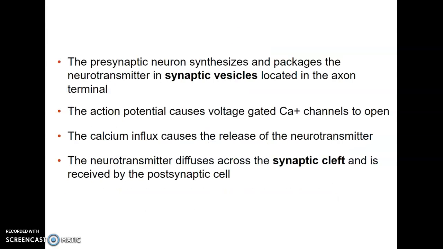So the presynaptic neuron is going to have a biosynthetic enzyme that synthesizes the neurotransmitter, and then another enzyme that is going to transport the neurotransmitter into a synaptic vesicle. Through a very complicated system of proteins, the synaptic vesicles will dock and become primed, and they are ready for a signal. Then, when the wave of depolarization comes down into the axon terminus, a voltage gated calcium channel is going to open.